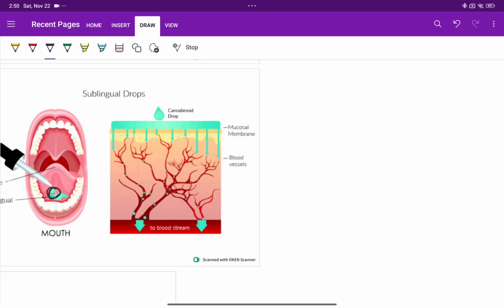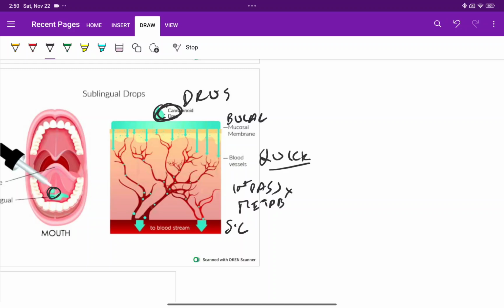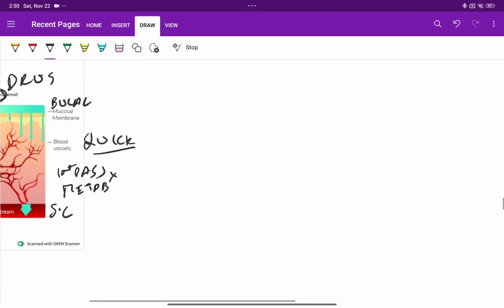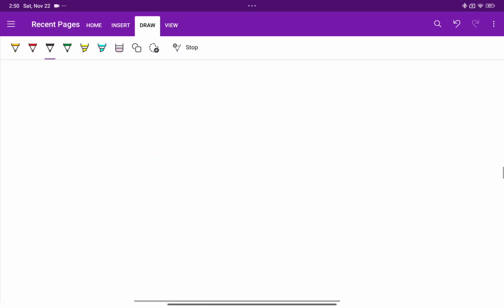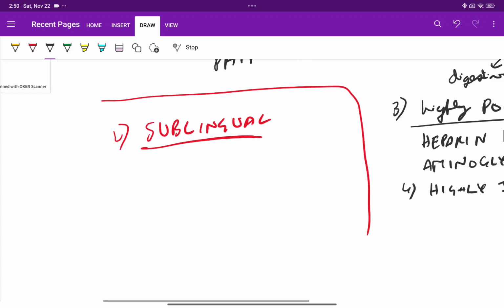When we give the drug, it passes through the buccal mucosal membrane, gets directly absorbed into the blood vessels and enters the systemic circulation. It bypasses first pass metabolism. Since it bypasses first pass metabolism, there is increased bioavailability and quick onset of action.